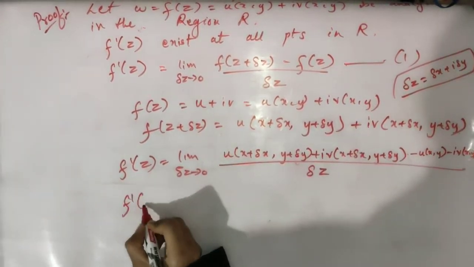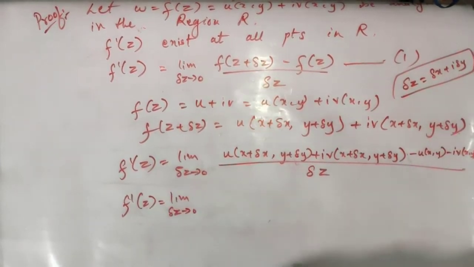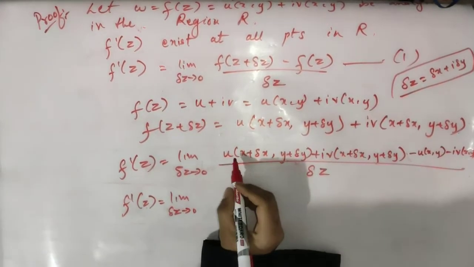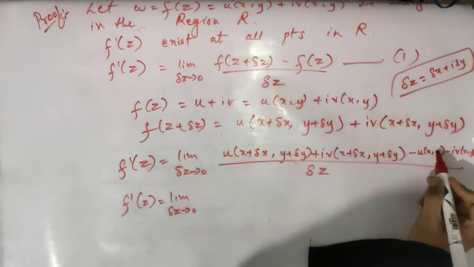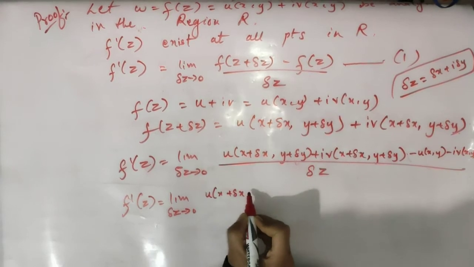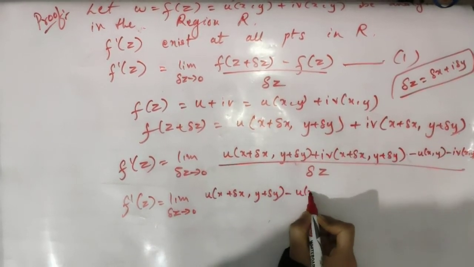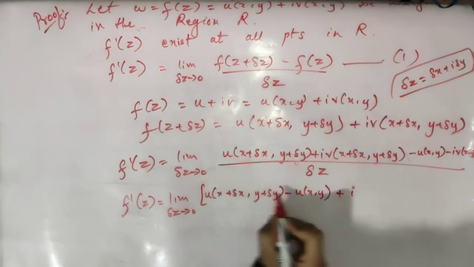Now f dash of z will be limit as delta z tending to 0. Now let us collect all the real and imaginary parts aside. Here we have u of x plus delta x, y plus delta y, and here u of xy, to be the real part. So let us collect the real and imaginary parts aside and write them properly. This is the real part.